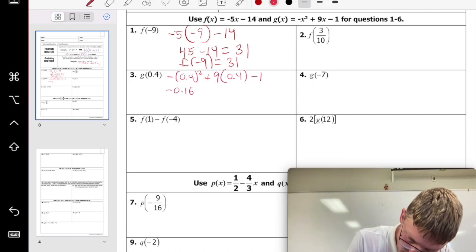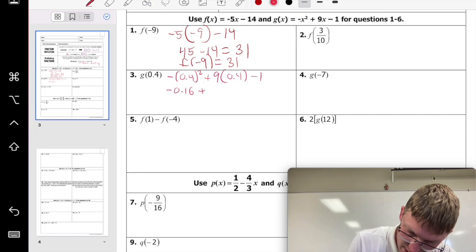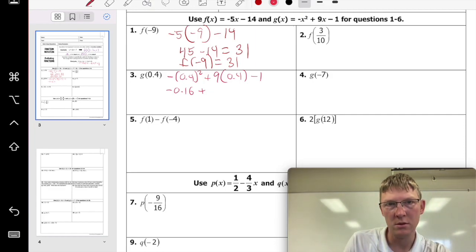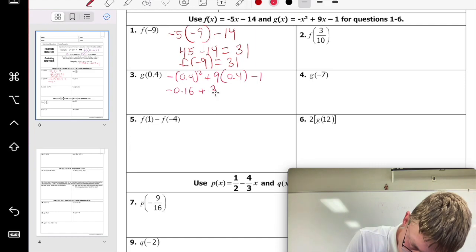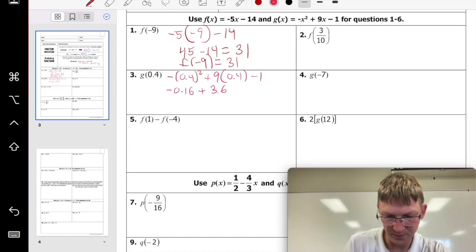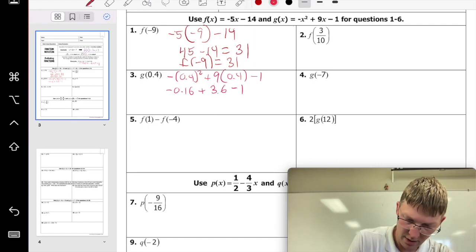Plus 9 times 4 is 36, so that 3 is going to come forward, 3.6, and then minus 1.